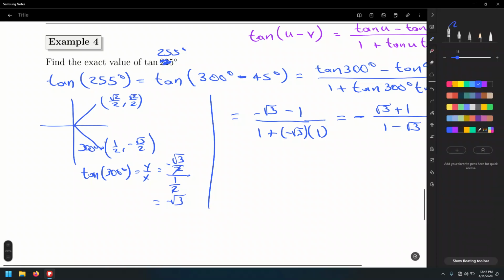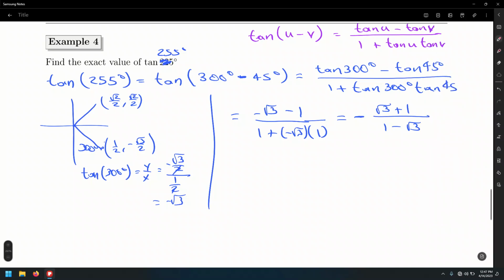Well, how do we do that? To rationalize the denominator, and actually we did a mini review of this a few weeks ago, let's refresh on that. We need to multiply by the conjugate of the denominator. So if we have a minus in the denominator, its conjugate will be the opposite in sign.